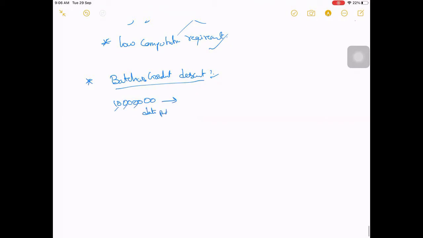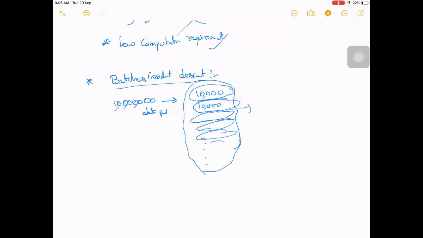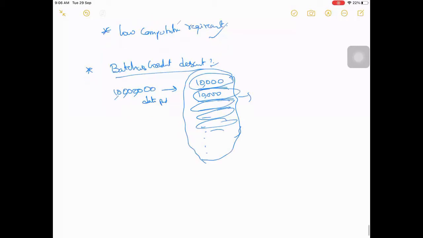You divide it into a few batches. Let us say your RAM is high; in that case you can go for a higher batch size. But if it is a low RAM, I make it 10,000 at a time: first 10,000, next 10,000, like this, splitting into many batches. A realistic example won't even be 10,000; it depends on your data.